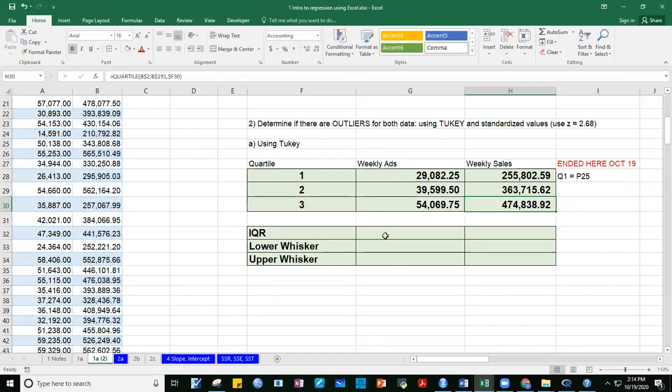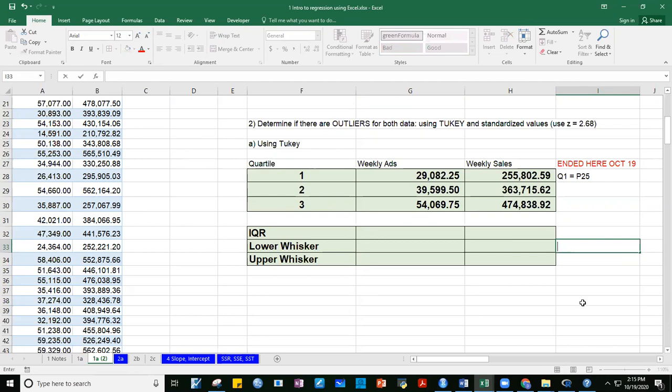So pakisagot na rin to guys, yung lower whisker. Ano yung formula ng lower whisker if you recall guys? Pati yung upper whisker. Ano formula niyan? Nakalimutan nyo? Yes, nakalimutan. It's Q1 minus 1.5 times IQR.